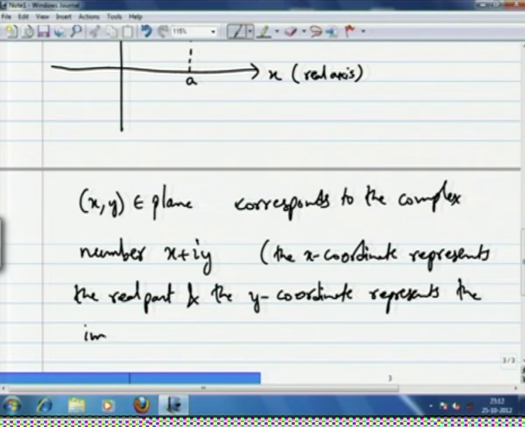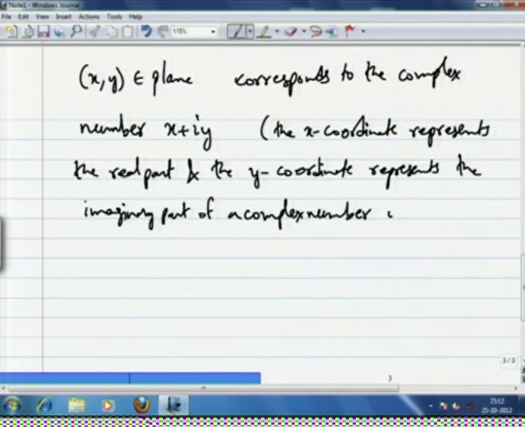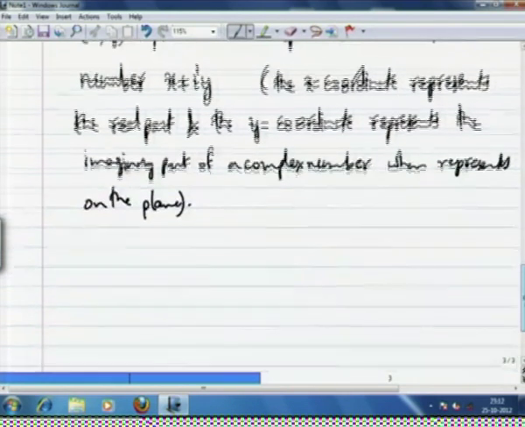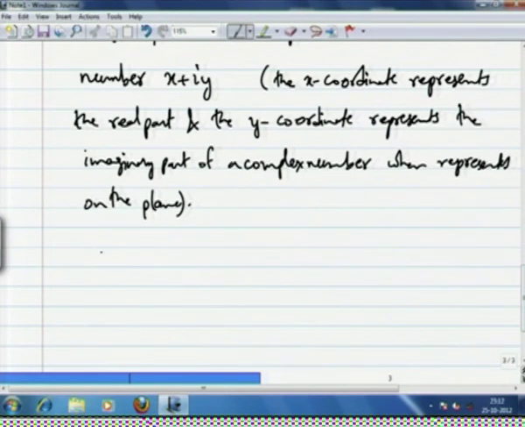The imaginary part of a complex number, when represented on the plane. Okay, and we will call this plane the complex plane.